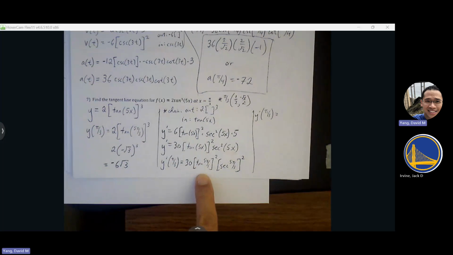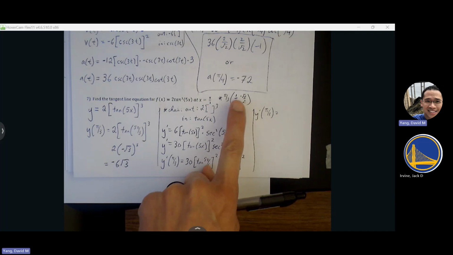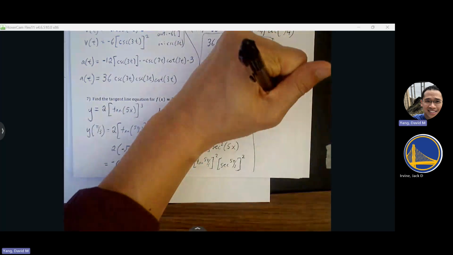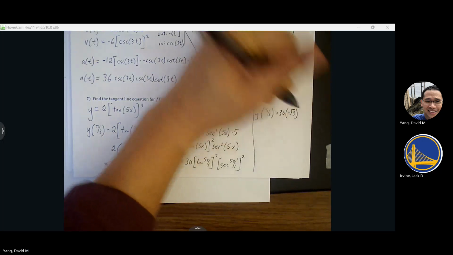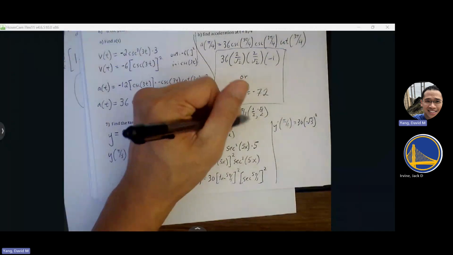Okay, so 30 stays. The tangent is going to be y over x, so -√3. I think I messed up on the key here. And then the secant is taking the x value and flipping it.